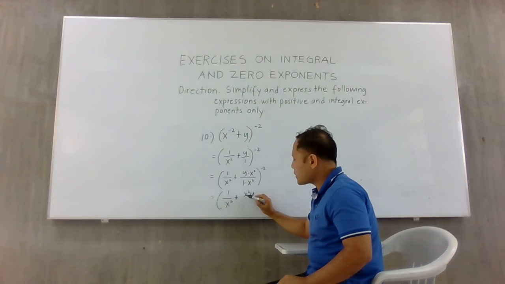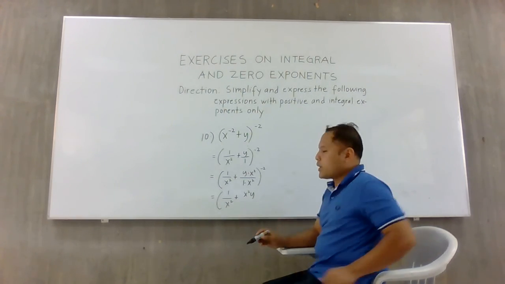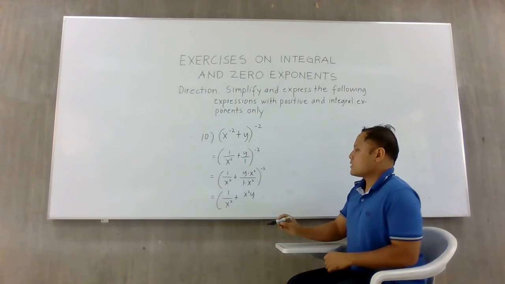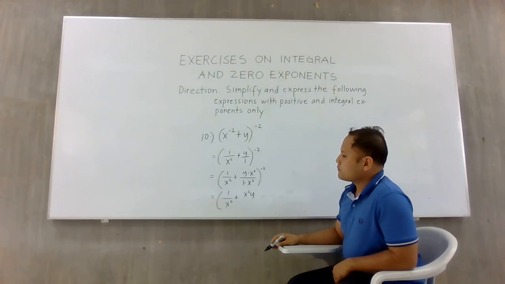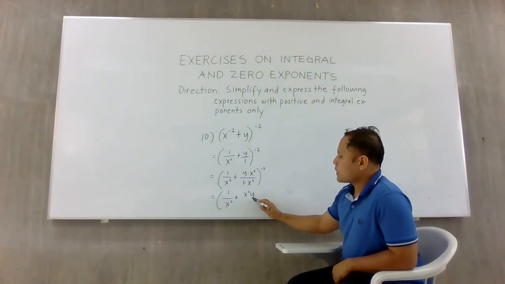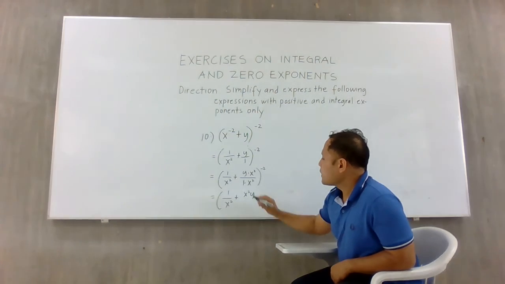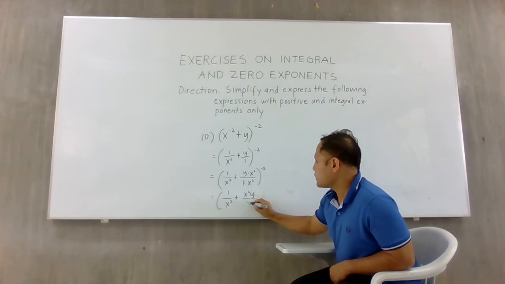So we write x first because it is the first letter in the alphabet, followed by y. That's why it is advisable to write the factors in alphabetical order. 1 times x squared, we have x squared.